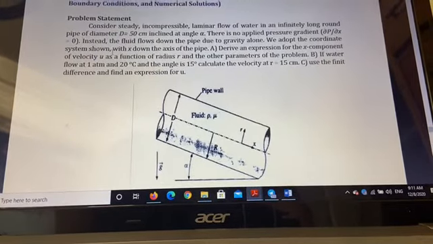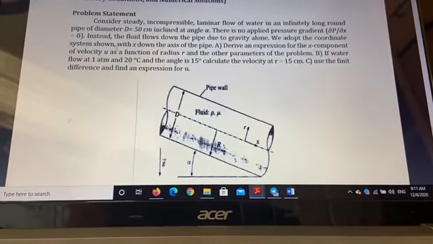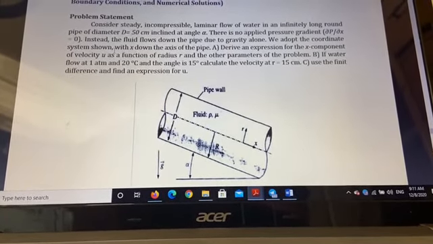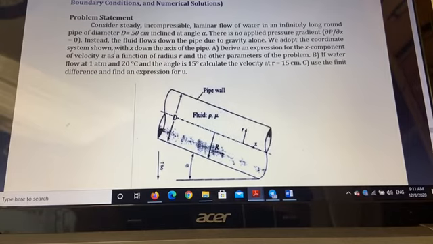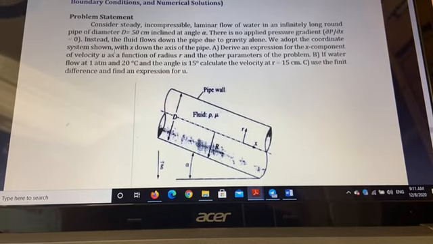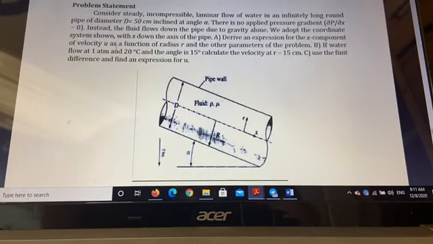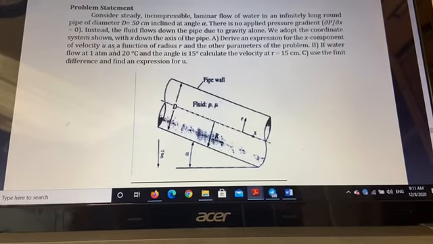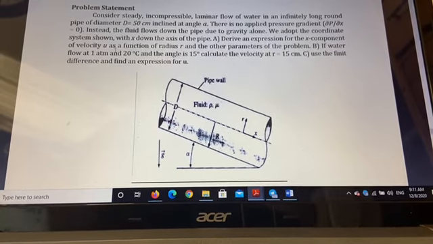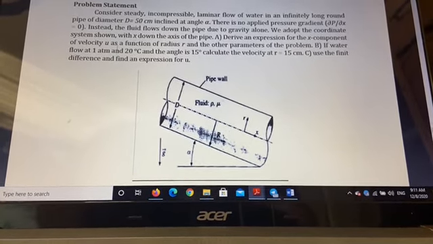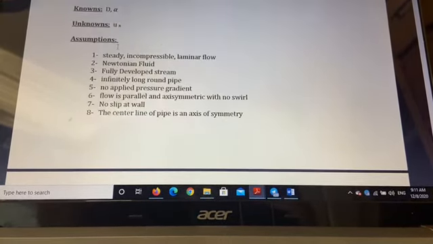The next question is the Navier-Stokes equation, the microscopic mass and momentum balance and boundary conditions, and also numerical solutions and finite differencing. So I have a pipe at an angle, and we want to find an x velocity profile for that. So we assume that the flow is steady, incompressible, and laminar.